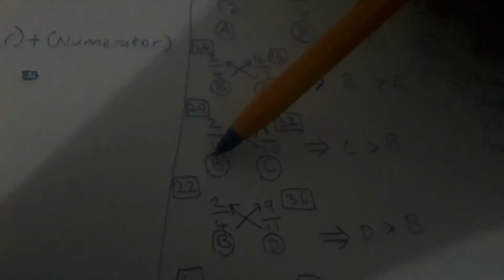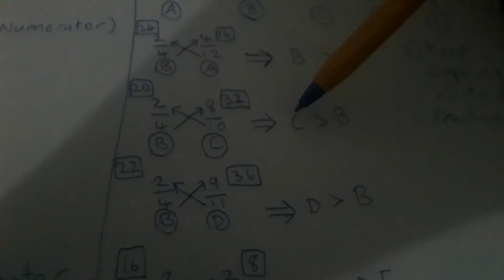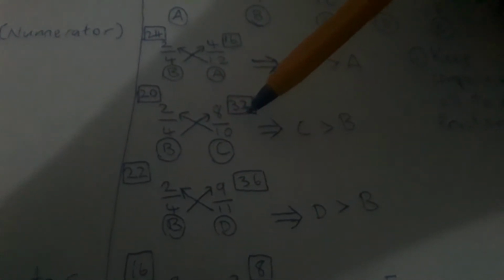Then I compared B to C, did the same thing, and it gave me the conclusion that C is bigger than B, because the 32 is bigger than the 20 on the side.